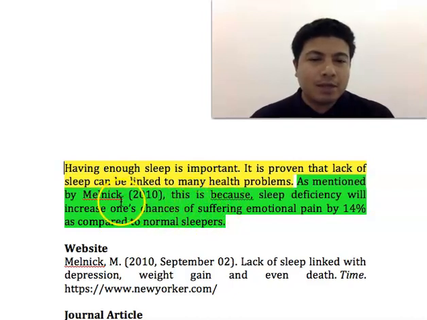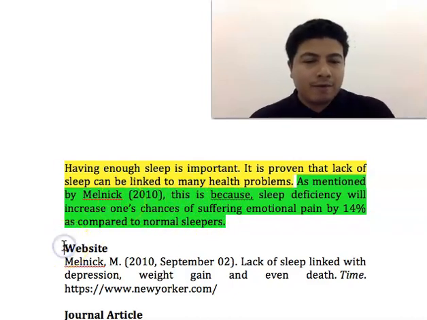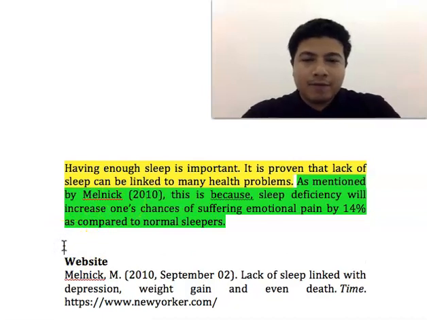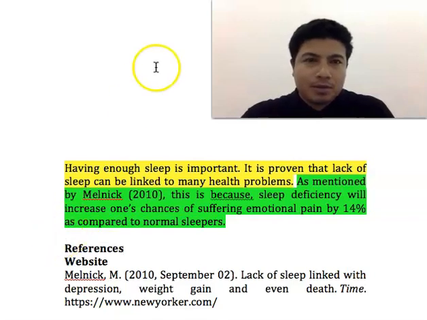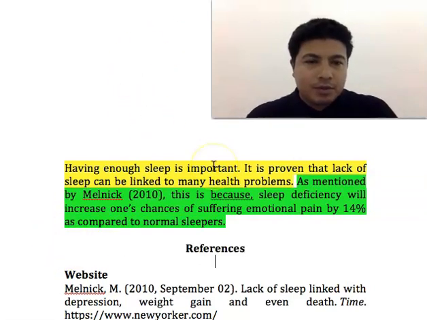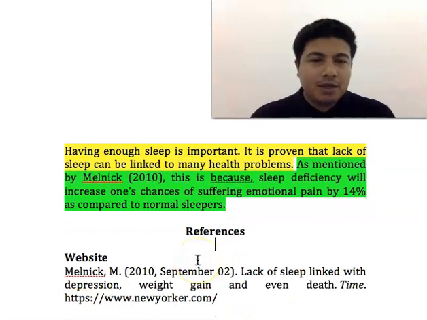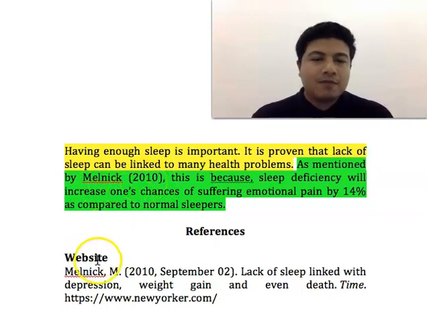So when I have this citation, at the end of my essay I need to have the list of references. When I have the list of references, I need to put the source where I got this citation from. If it is from a website, this is the format.